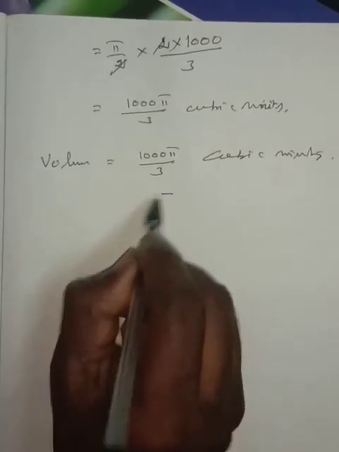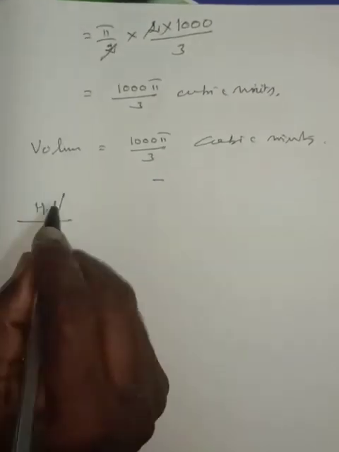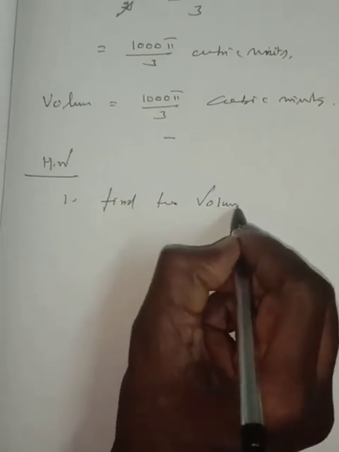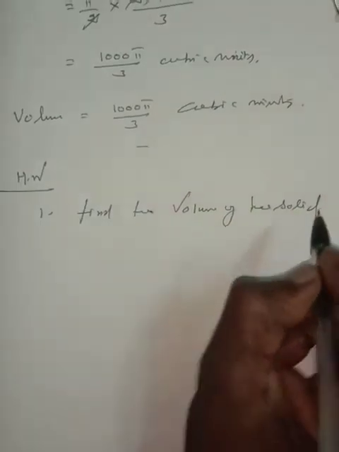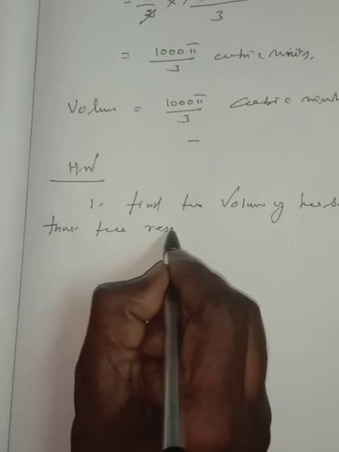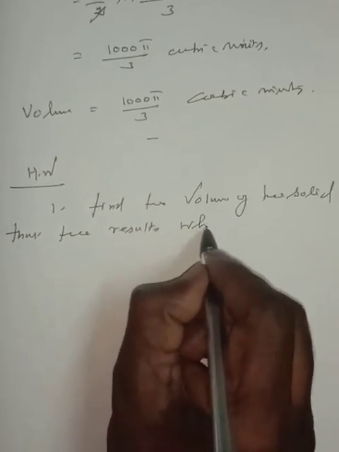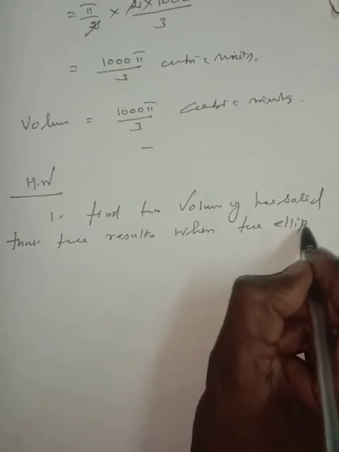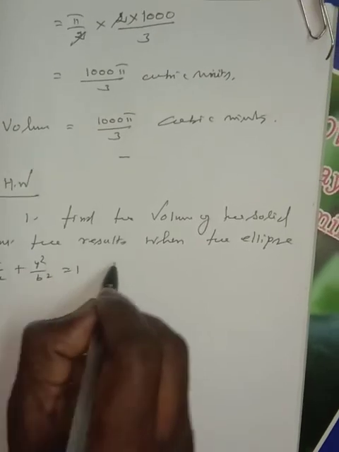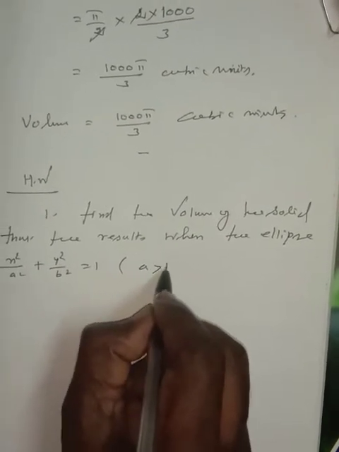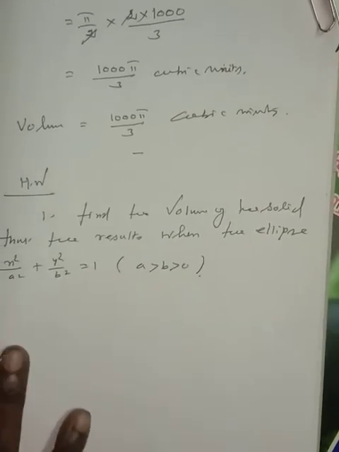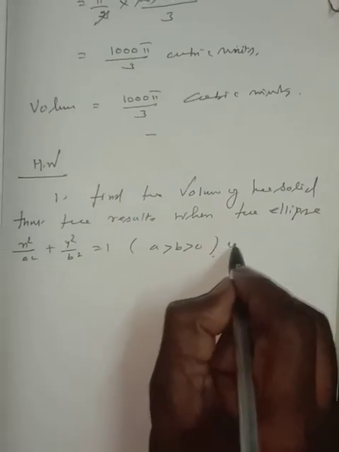Next, today's homework. Number 1, find the volume of the solid that results when the ellipse x square by a square plus y square by b square is equal to 1, a is greater than b is greater than 0, which means a is positive and also b is positive, is revolved about a minor axis.